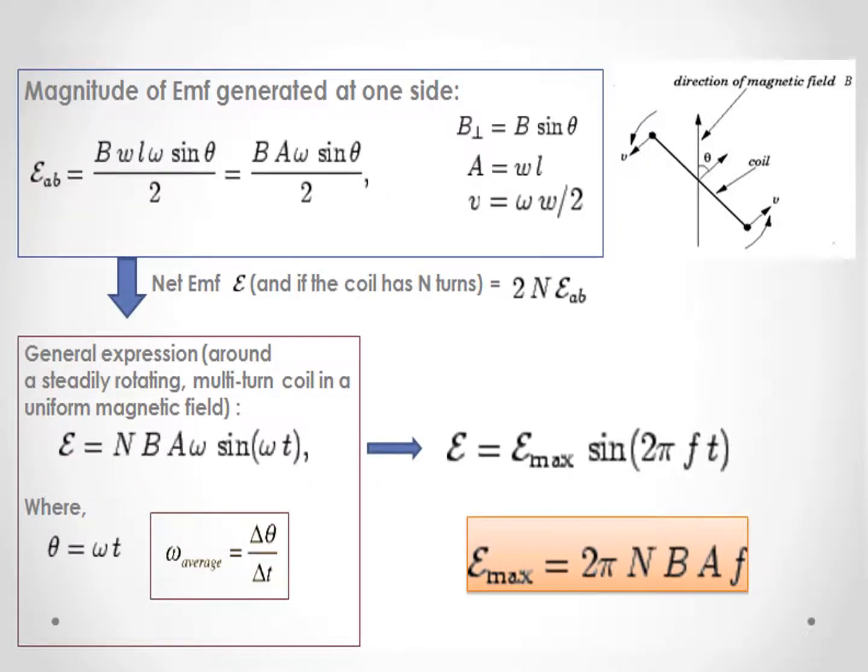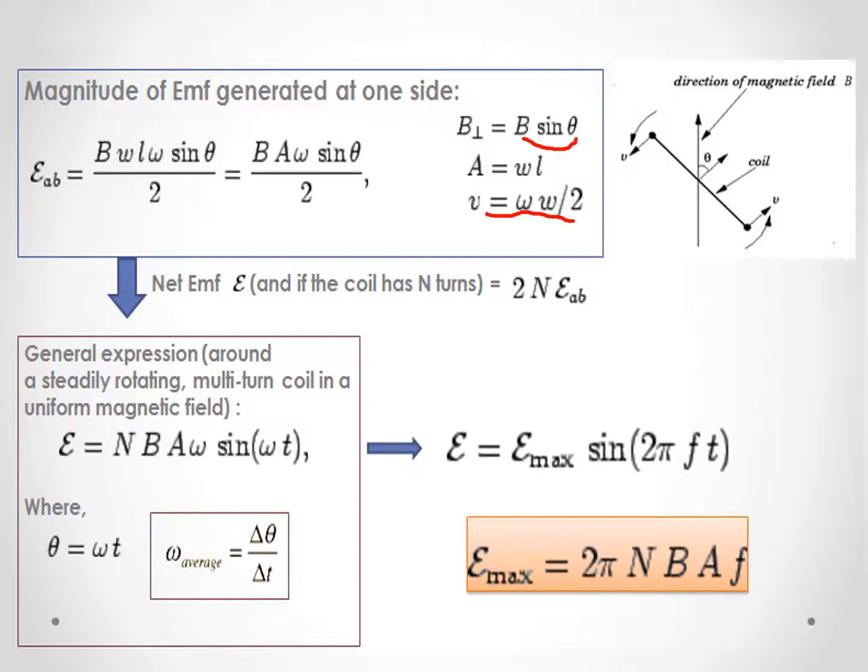From the formula before, we will substitute other equations into it, whereby EMF, the epsilon, equals B, where B is substituted with B sine theta, and the velocity is substituted with omega times width over 2, where omega is the angular velocity times the radius, which is the distance between the axis of rotation to one side of the coil.